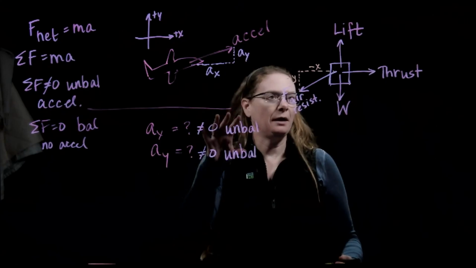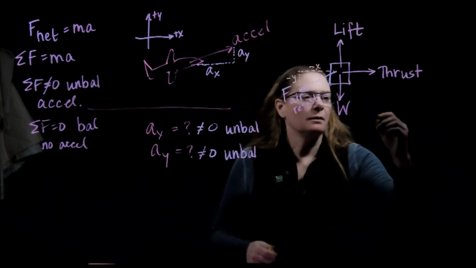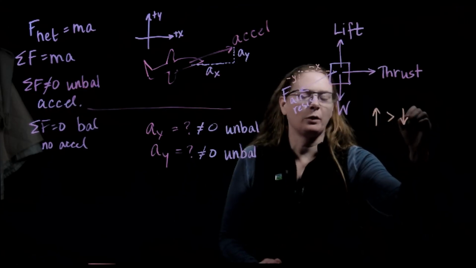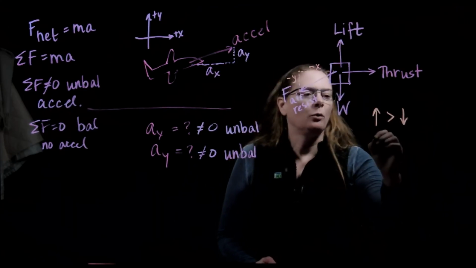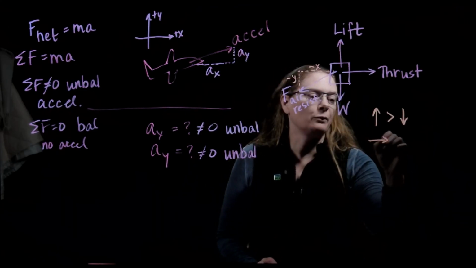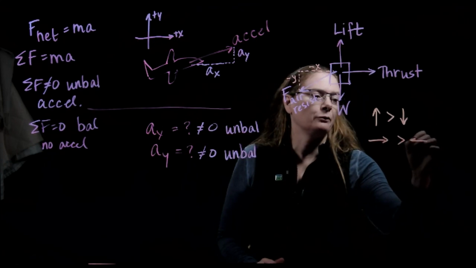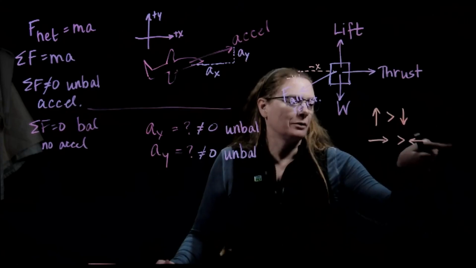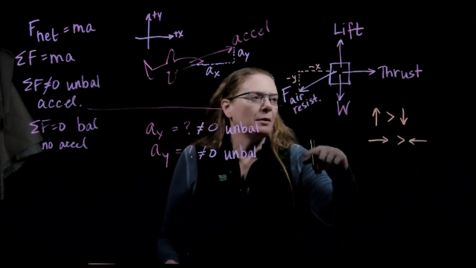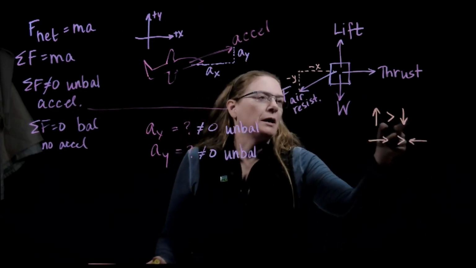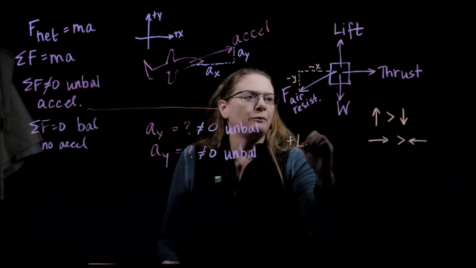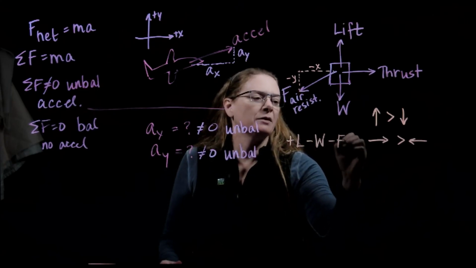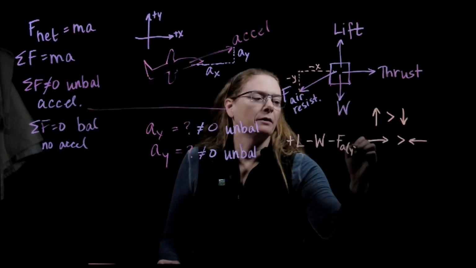We know they're unbalanced. That means the upward force has to be bigger than the downward force to be accelerating upward. We know the right-hand force must be bigger than the left-hand force in order for the total force to accelerate that way. Let's do the up-down. We have a positive lift, a negative weight, and a negative air resistance in the y direction.